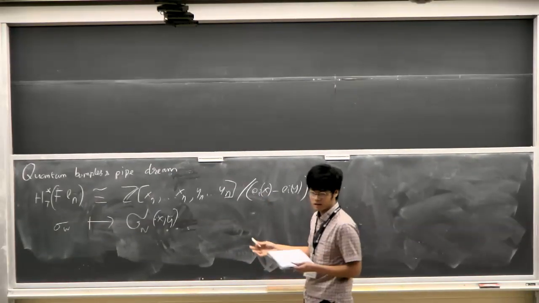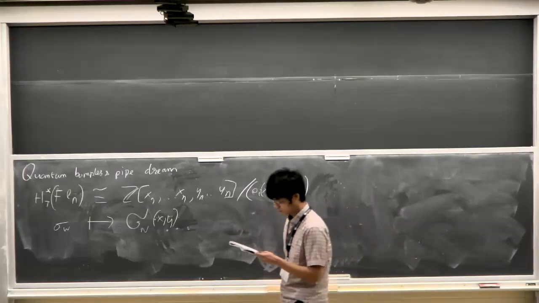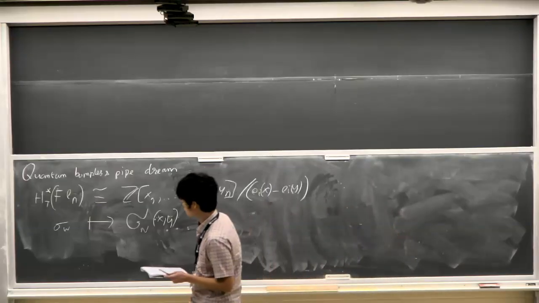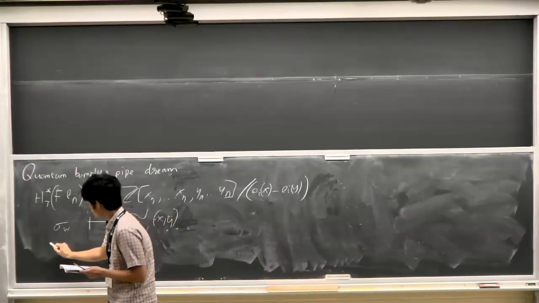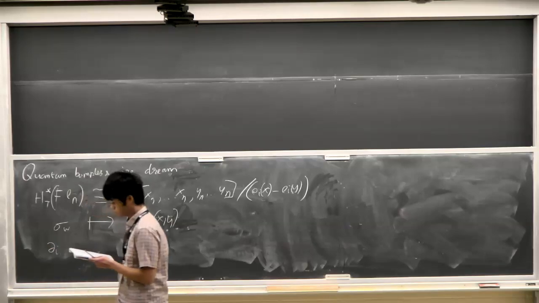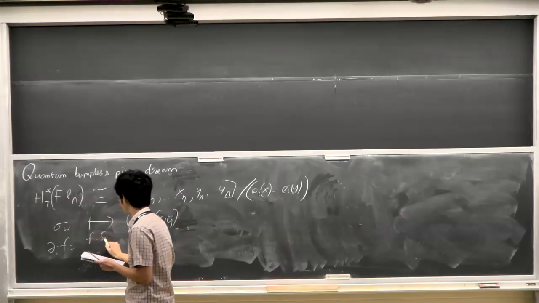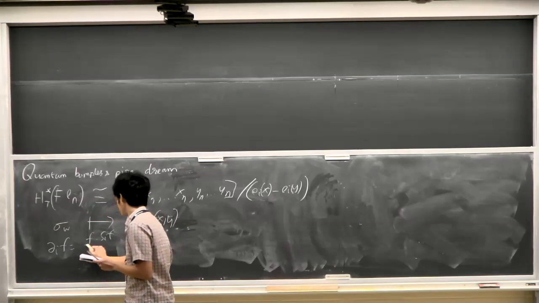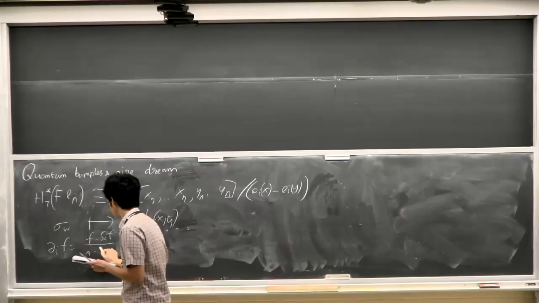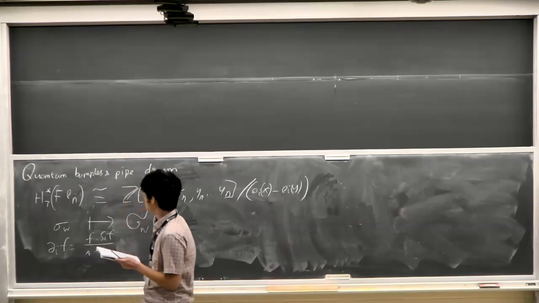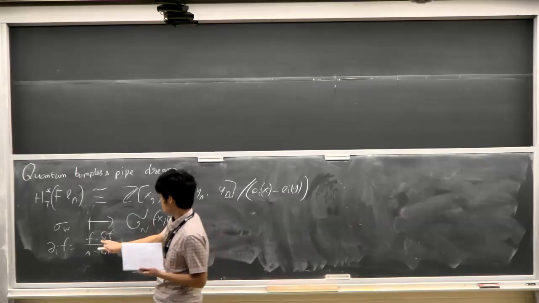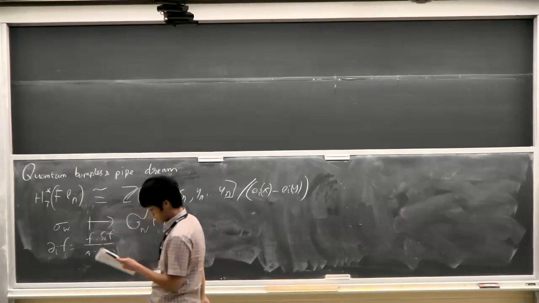So I'm going to give everyone a quick definition of this double Schubert polynomial. That's the algebraic definition. You define a divided difference operator delta_i of f to be f minus s_i of f, divided by x_i minus x_{i+1}, where s_i is the operator that swaps x_i and x_{i+1}.